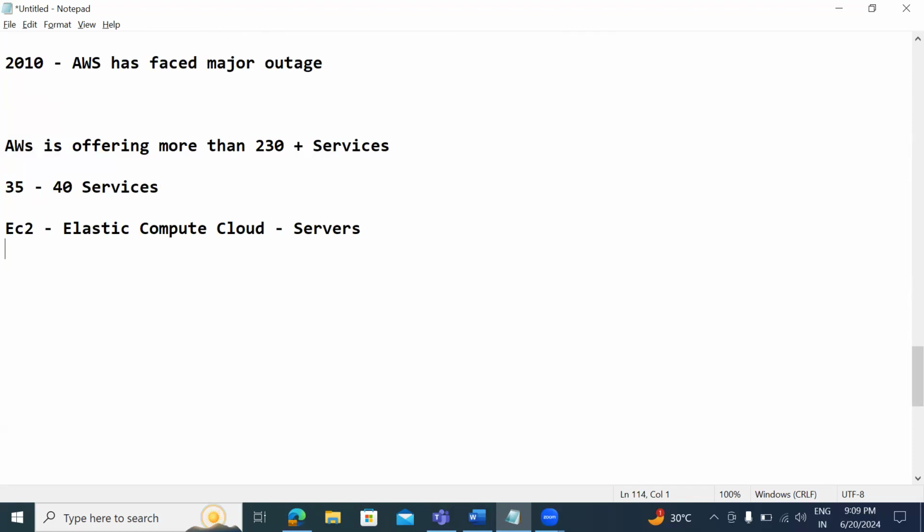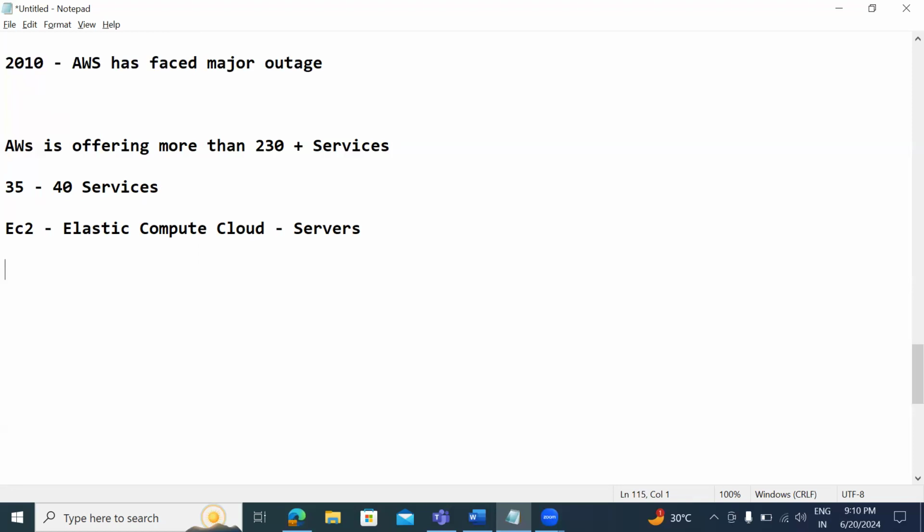What's the meaning of elastic? Whenever we want, we can stretch it. I want more servers, I want fewer servers. That compute resource means CPU and memory, and we get it from the cloud. So the first service we are going to learn here is EC2, Elastic Compute Cloud.